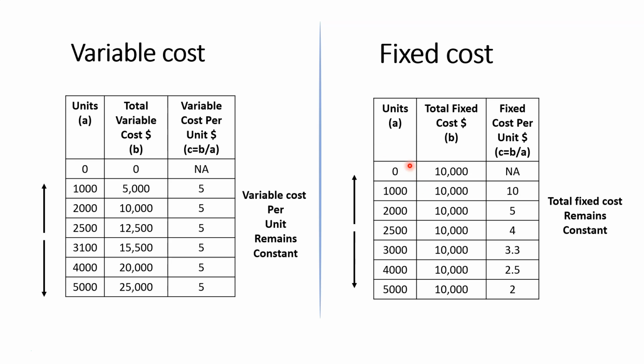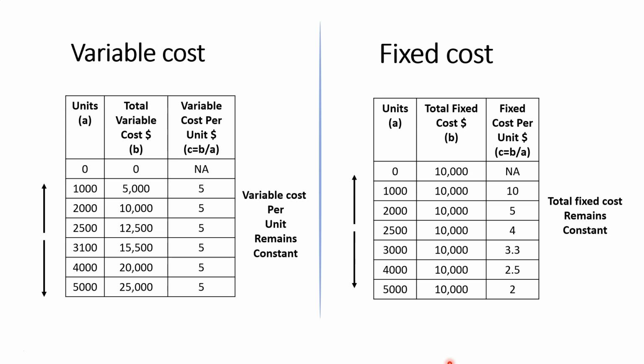That's the reason if you're not producing anything, you will still have total fixed cost of $10,000. Whereas in variable cost, we saw if I'm not producing, I won't have any variable cost because I'm not producing any units.